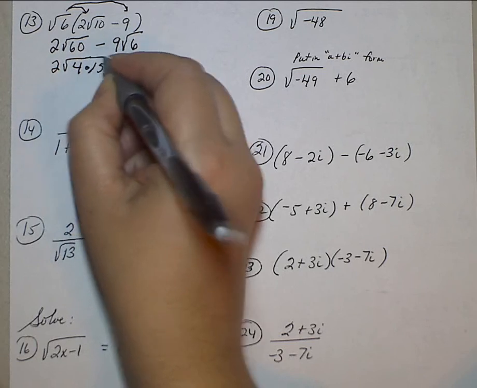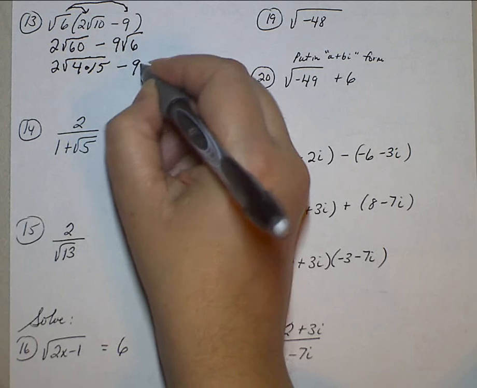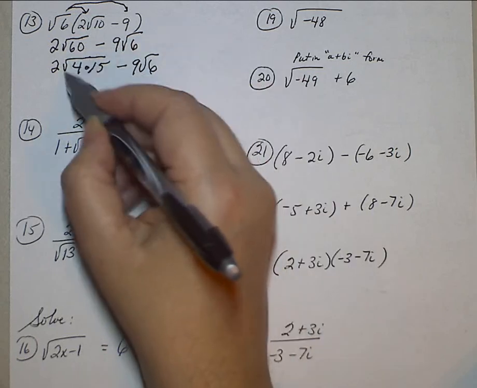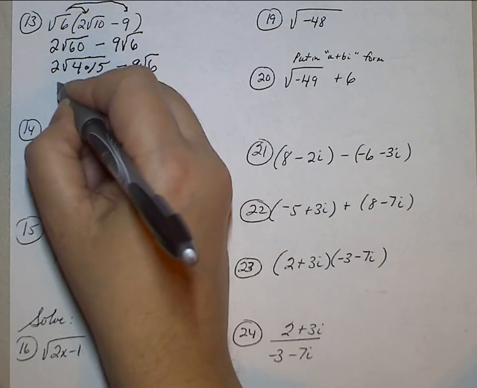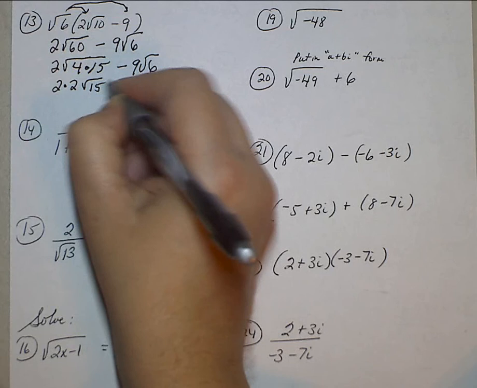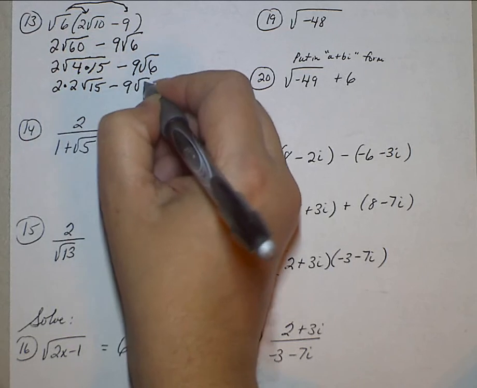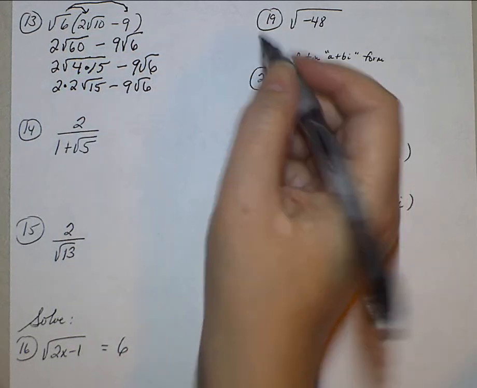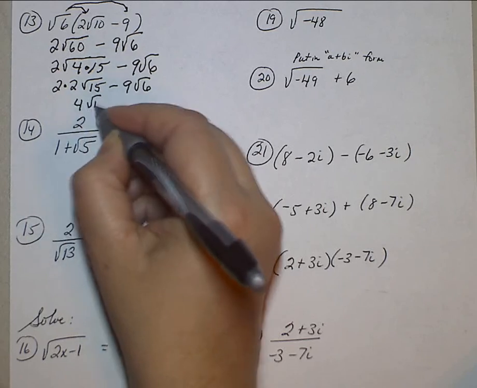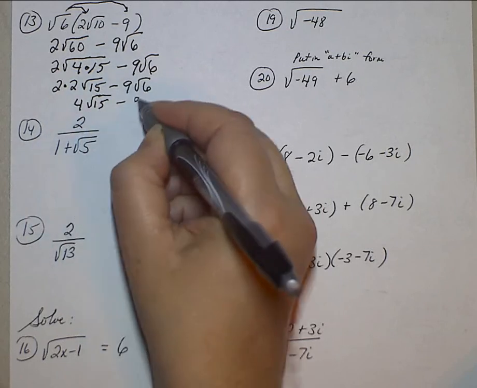Minus 9 square roots of 6. The square root of 4 is 2, so we have 2 times 2 square roots of 15 minus 9 square roots of 6. 2 times 2 is 4 square roots of 15 minus 9 square roots of 6.